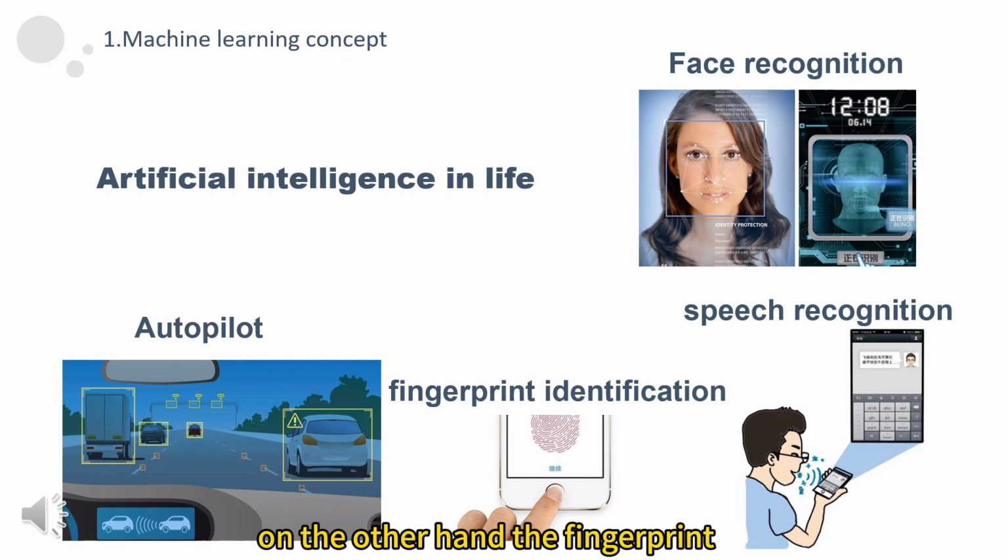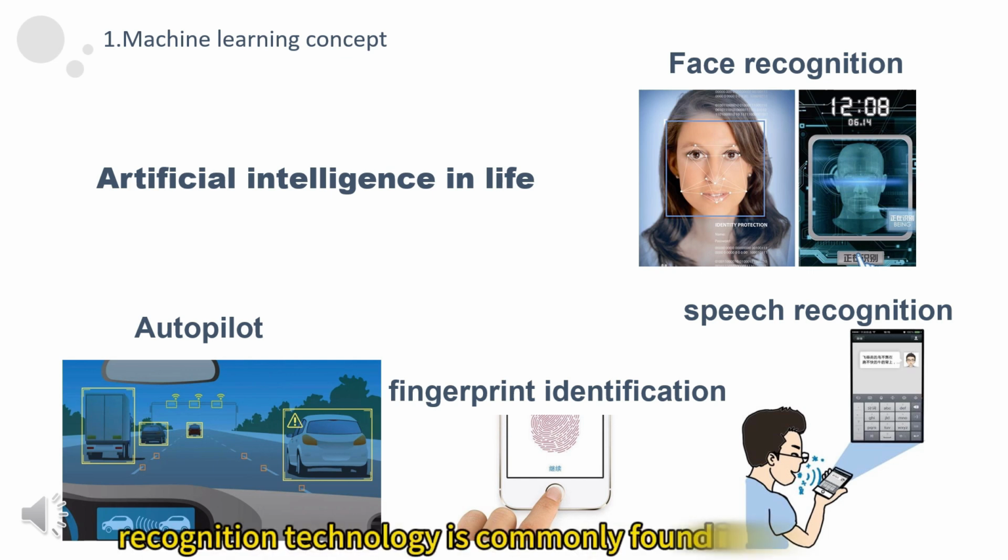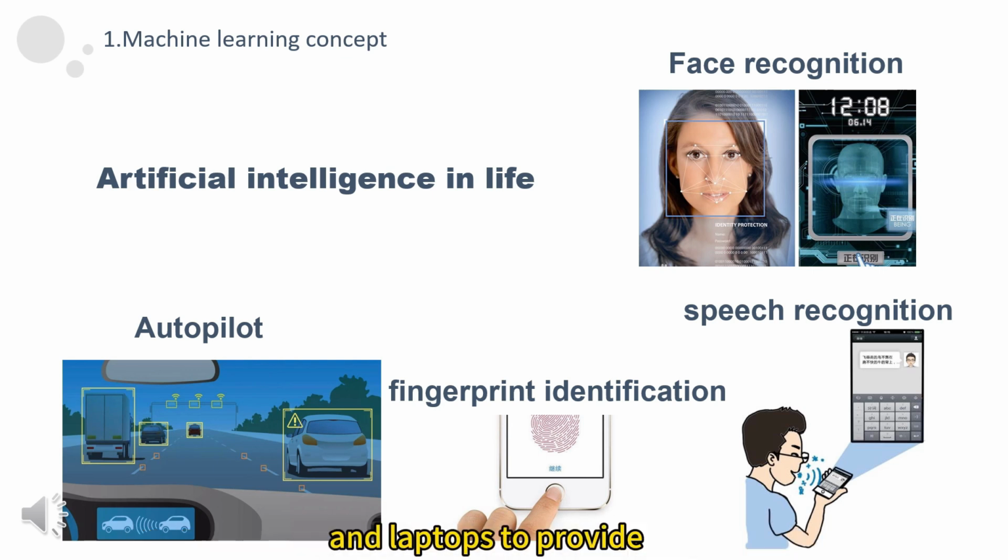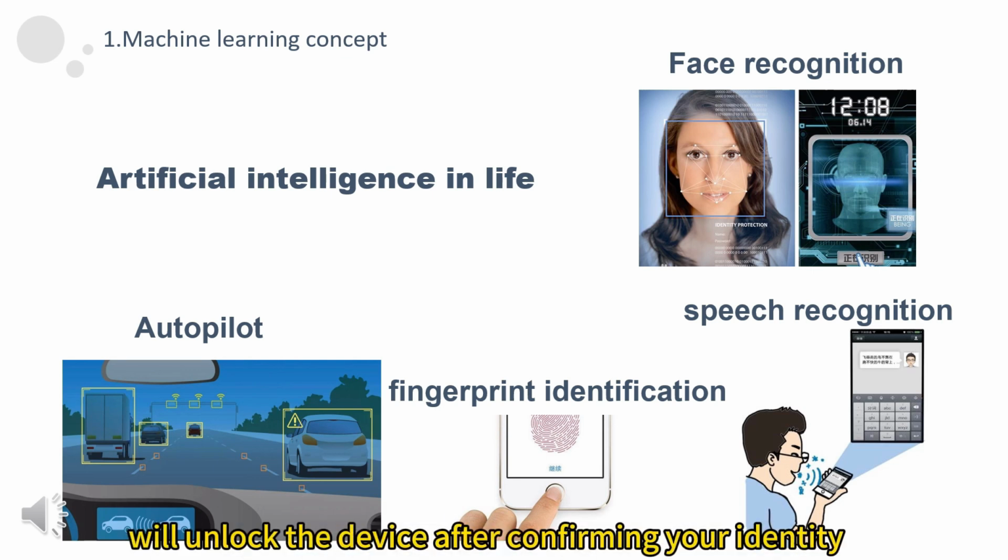On the other hand, fingerprint recognition technology is commonly found in phones and laptops to provide secure access to the device. All you need to do is place your finger on the fingerprint sensor and it will unlock the device after confirming your identity.